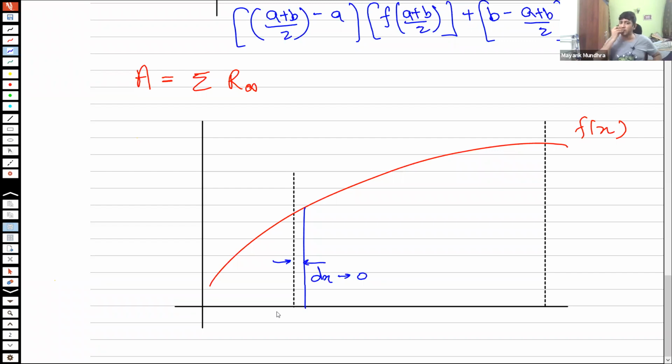Right, so now you have infinite rectangles of 0 width, which you want to find area on. So for the area of this rectangle, the height he says you assume to be the height at x. So at any point x plus t, the height is assumed to be equal to the value of f at x plus t.